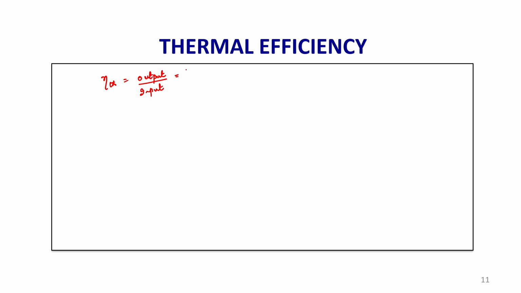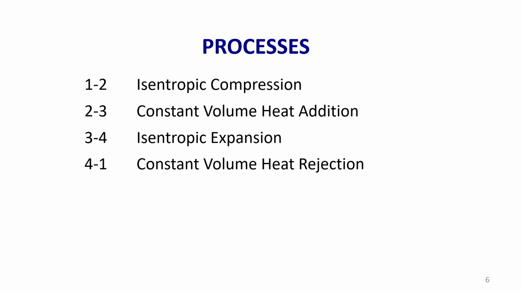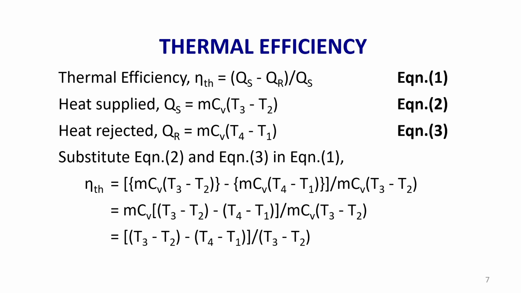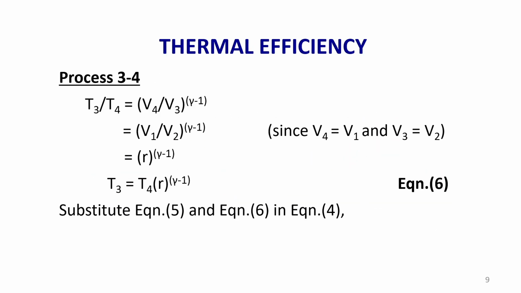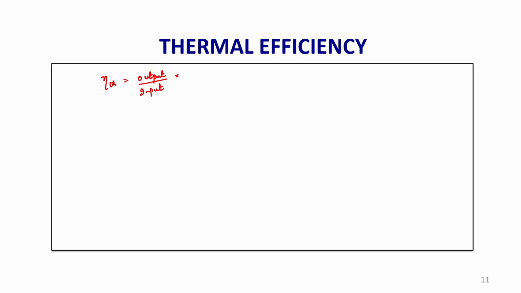In all the air standard cycles, QS is the amount of heat supplied and QR is the amount of heat rejected. So, output is nothing but the net work done. We have seen in the heat engine, it takes QH amount of heat and rejects QL amount of heat. The difference between QH and QL is the net work done by the engine.